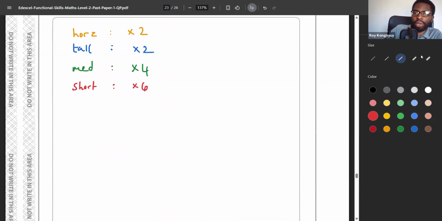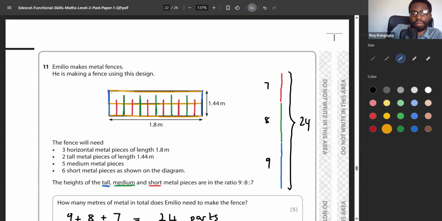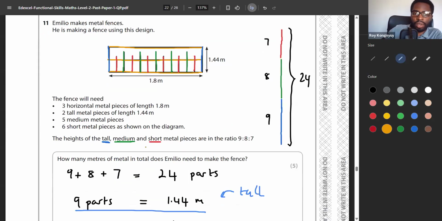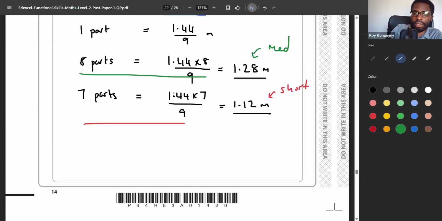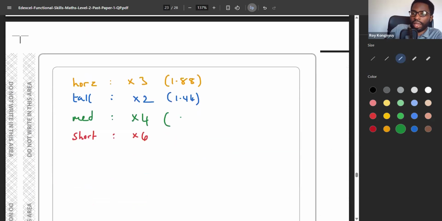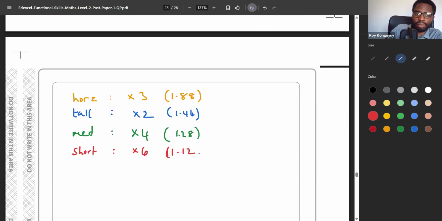And let me correct this. The horizontal, there are actually 3. If you go up and check, you'll see. All right. There's 1, 2, 3. So this is actually going to be 1.8 times 3. This is going to be 1.44 times 2. The medium, that is 1.28 meters. And the short, that is 1.12, I believe. Yeah, meters times 6.